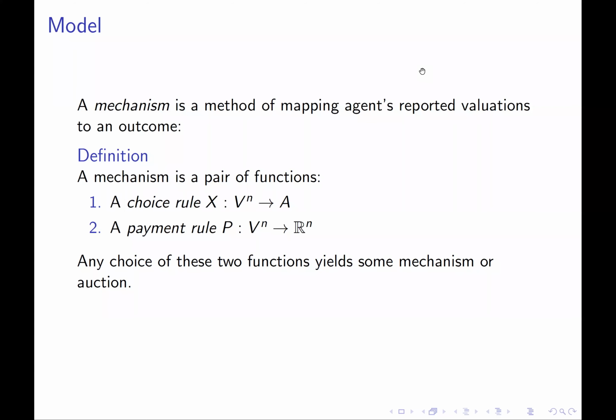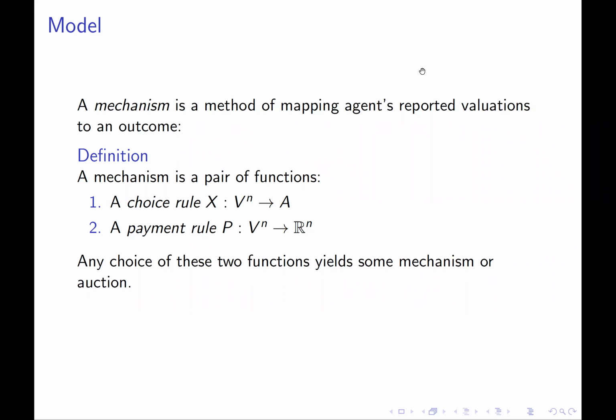And as we've talked about before, when we introduce a mechanism into the setting that we've defined, we induce a game. Because all of a sudden we have an action set. The action set of each player is the valuation functions that they can choose to report. And we've got a utility function that players can evaluate over any set of actions that the players might choose in the game.